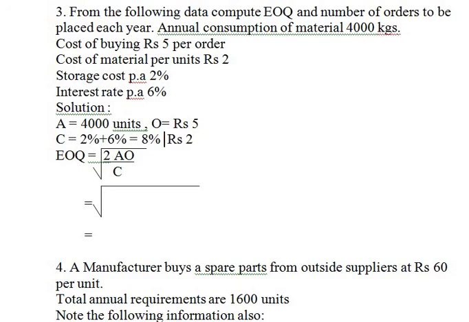Hope this is clear. Now calculate this: 8% of 2 is 0.16. Yes. Now EOQ is equal to root of 2AO divided by C. Now A is 4,000.